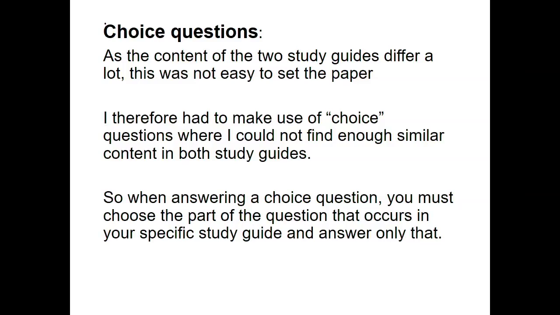As said previously, this will be under one question. For example, question 2, answer this or this. And I will clearly mark this is for DPPE, this is for DJPE, to help you to choose which one you should answer.